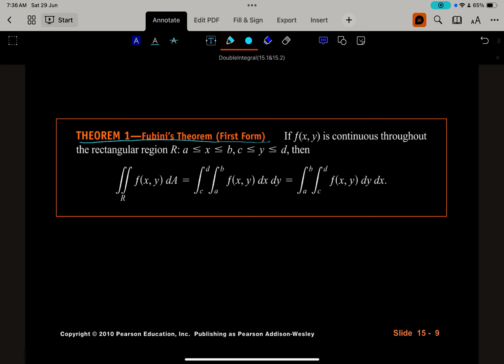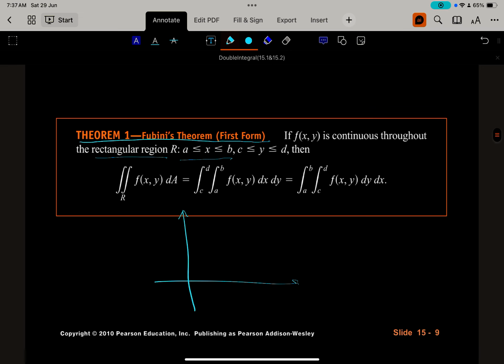It states that if f of x, y, a function of two variables, is continuous throughout the rectangular region R, and R poses the conditions that x is between a and b, and y is between c and d, then if we draw it in 2D coordinates, x, y, we're going to have something like this, where this is A, this is B, this is C, and this is D, and this is our region R.